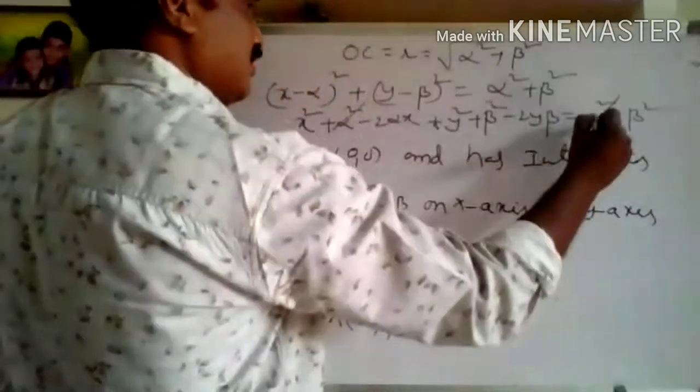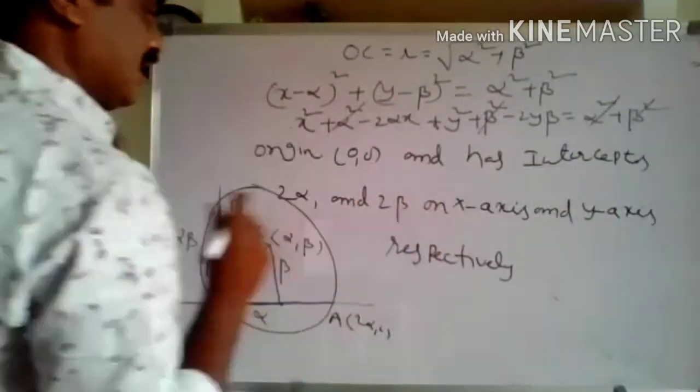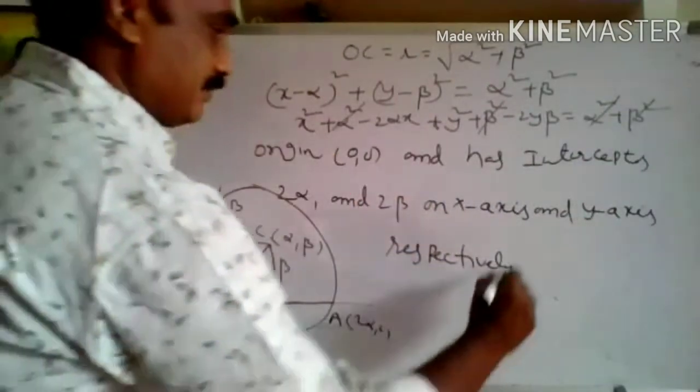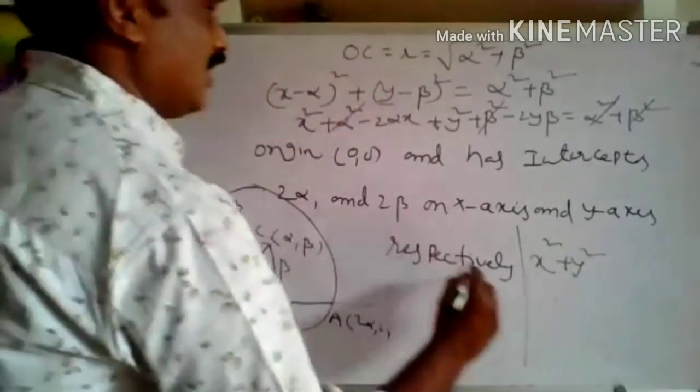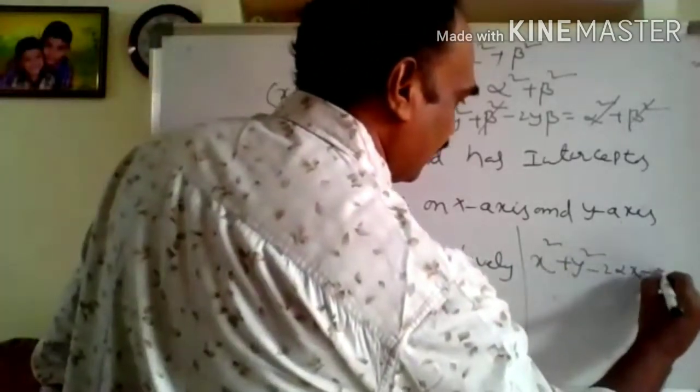So alpha square gets cancelled, beta square gets cancelled. The circle equation is x square plus y square minus 2 alpha x minus 2 beta y is equal to 0.